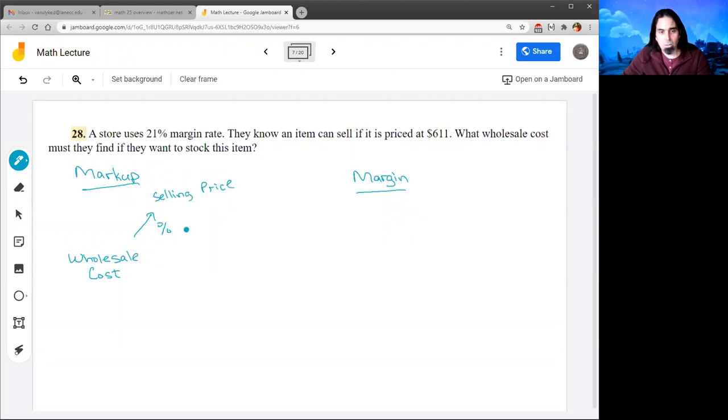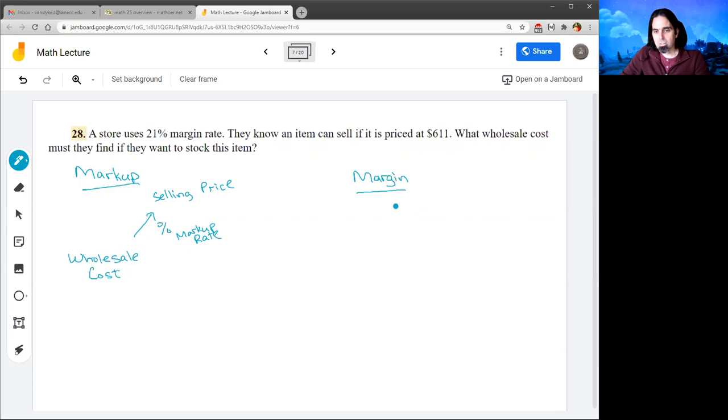So this percent we would call a markup rate because it's going up. We're finding a percent of the wholesale cost. This is like the baseline for comparison, the focus we have.